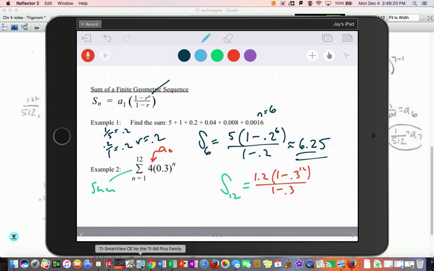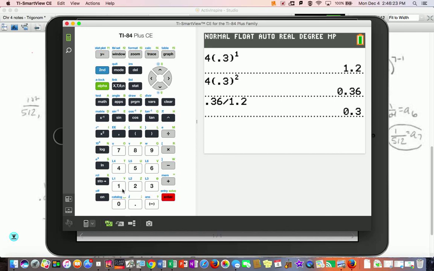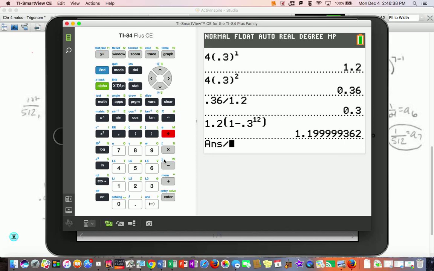So let's go to the calculator. 1.2 parentheses, 1 minus 0.3 raised to the 12th, and we're dividing by 0.7.